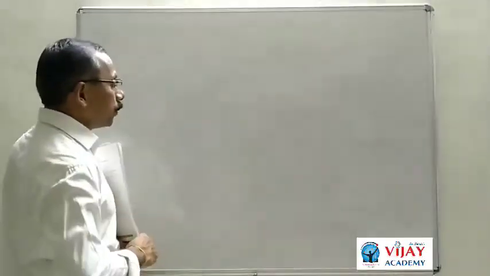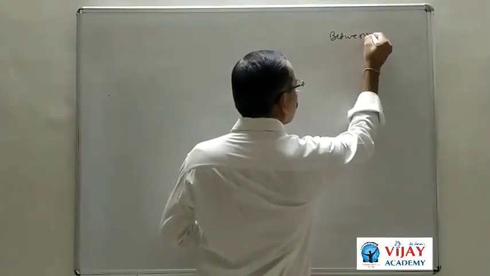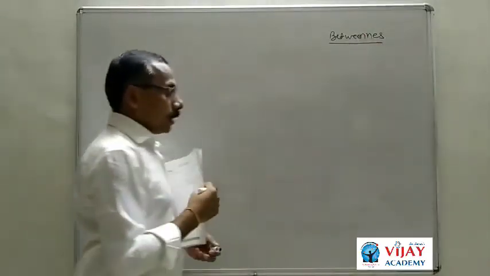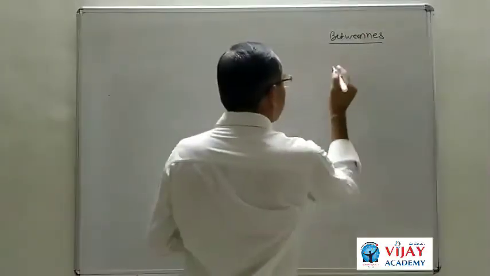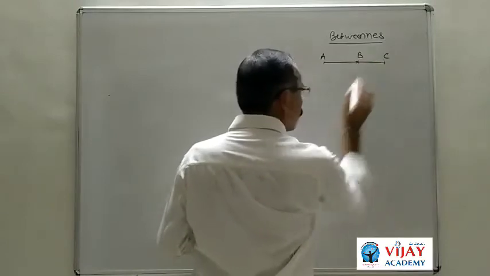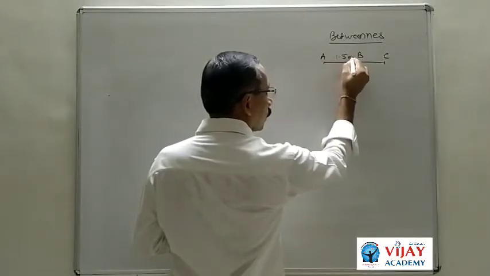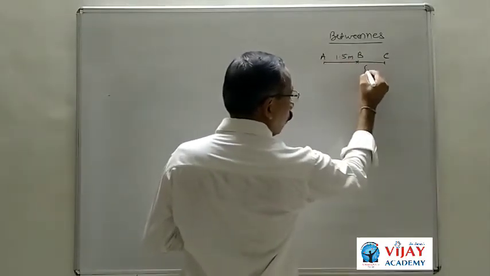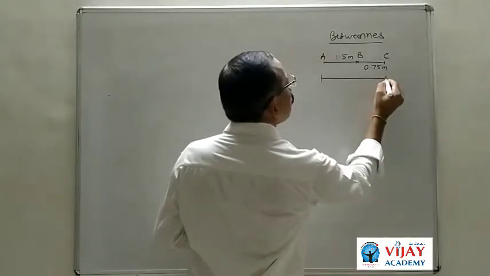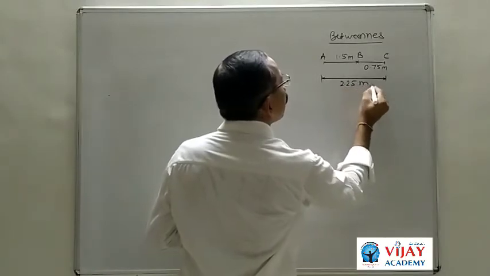Yesterday we discussed betweenness. Betweenness: if you are given 3 points A, B, C, distance AB is given 1.5 meter, BC is given 0.75 meter, and the total distance is given 2.25 meter.